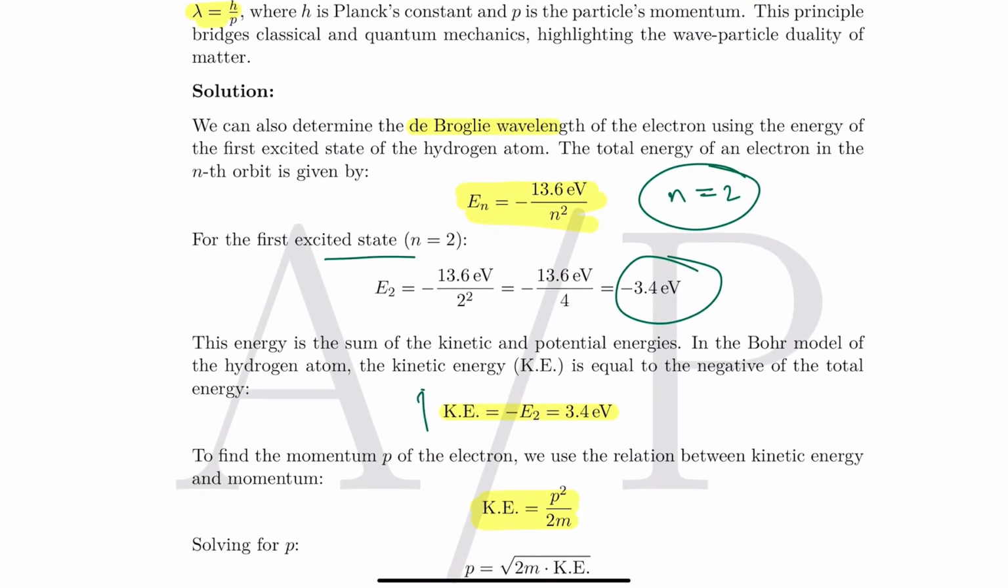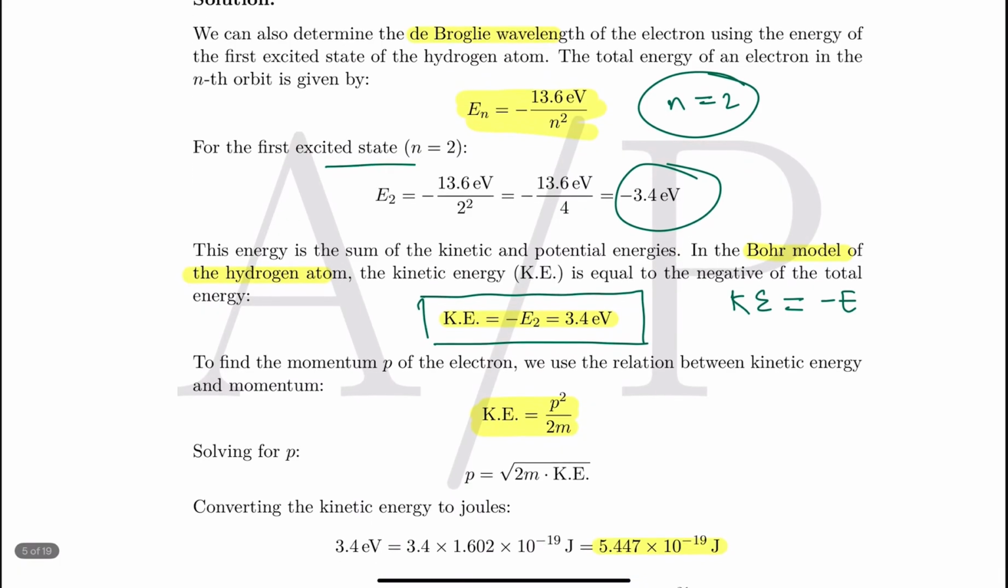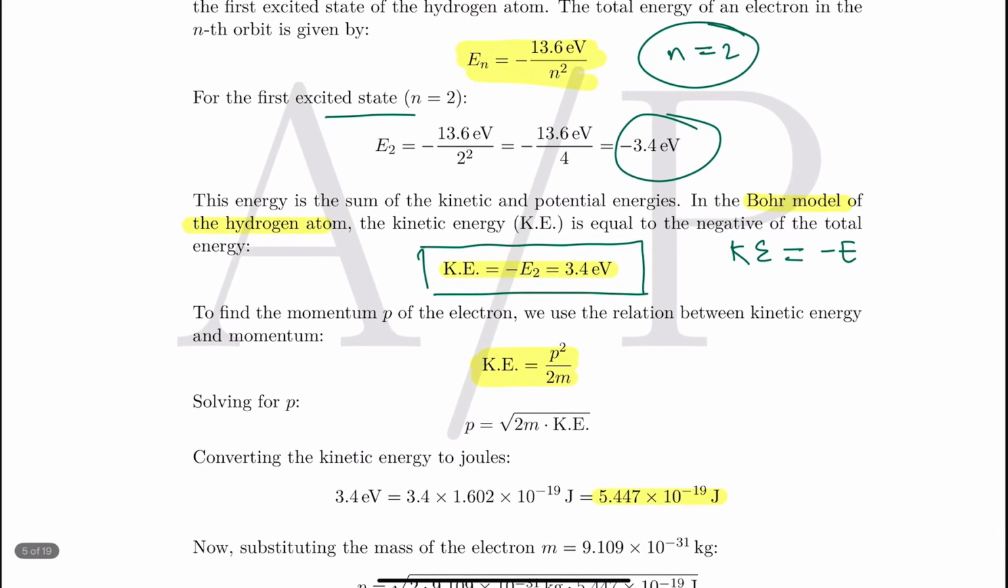We all know that kinetic energy is the negative of the total energy. Kinetic energy is always the negative of the total energy in such a model of the hydrogen atom, and it is precisely the Bohr model. So you get kinetic energy to be 3.4 electron volt, and once you get the kinetic energy, you will get the momentum as well by using this expression.